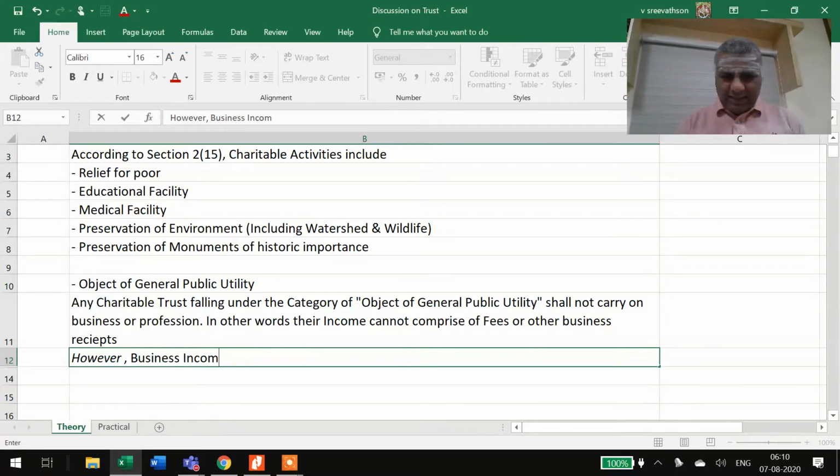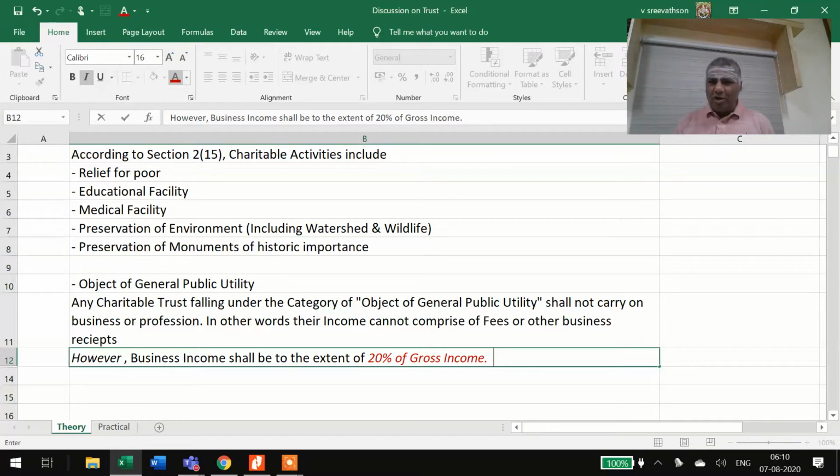Business income shall be to the extent of 20% of gross income.